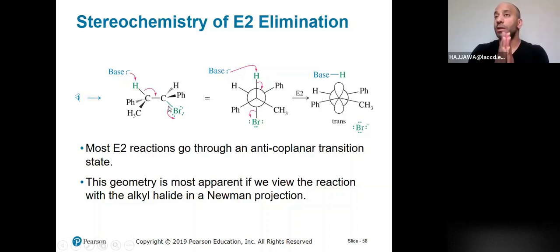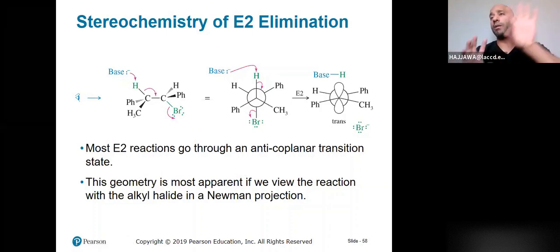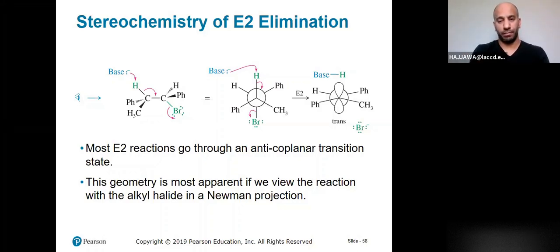And again, this has to be paid attention to only when it's an E2 mechanism. In the E1, we have a carbocation formation, so there is no hydrogen to be abstracted at the same time the leaving group is kicked off. But in the E2, that's where you have to have the anti-coplanar orientation exist in the molecule. What that means is the hydrogen and the leaving group are on opposite sides of each other going through that mechanism.